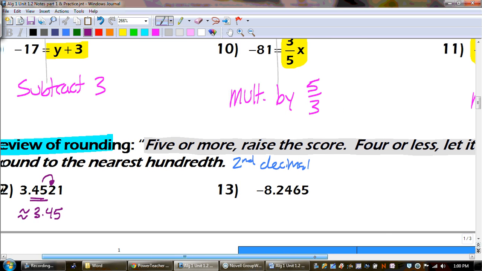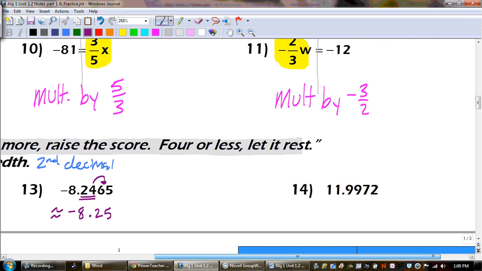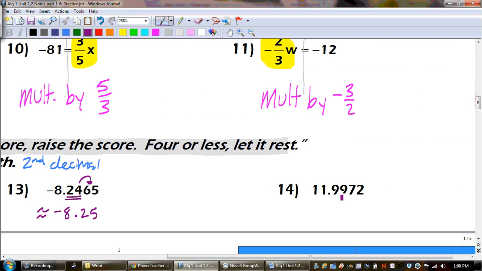All right, so 13. Those are our 2 decimals. We look at the 6. Is it 5 or more? Yeah, 5 or more, so we have to raise the score. It's not going to be a 24, it's going to be a 25. All right, and 14.